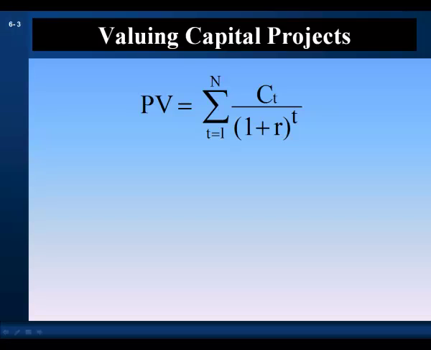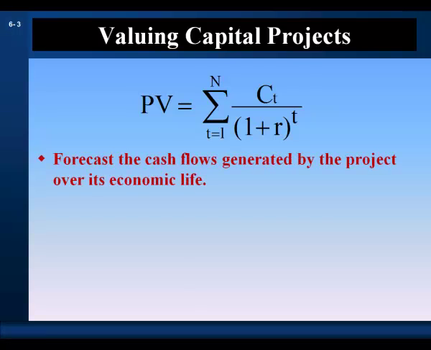We have a general discounted cash flow valuation model for valuing multi-year projects, where the value of the project is the present value of the project's expected cash flows discounted at the opportunity cost of capital. So to value a project, we forecast the cash flows generated by the project over its economic life.